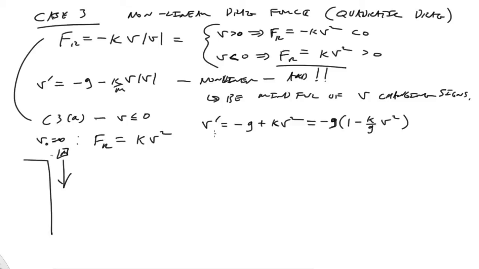So now this equation, of course, is nonlinear, but we can use separation of variables. I think it's probably best to go to another page here. So let's try that. Now we're going to write this down again. v prime is equal to negative g, all multiplied by 1 minus k over g v squared.